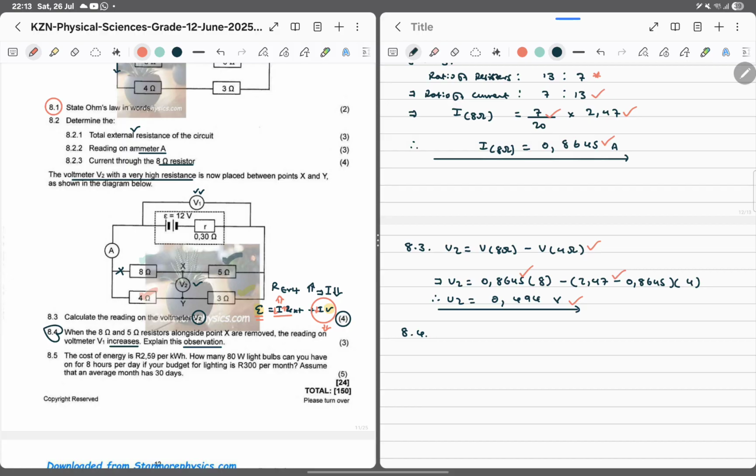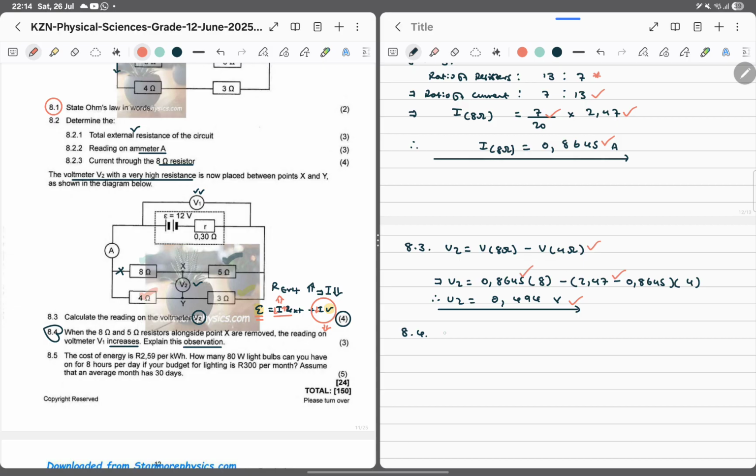So we will say, according to the equation, E equals I R external plus, okay, maybe let's start talking about the current first before we get to this.